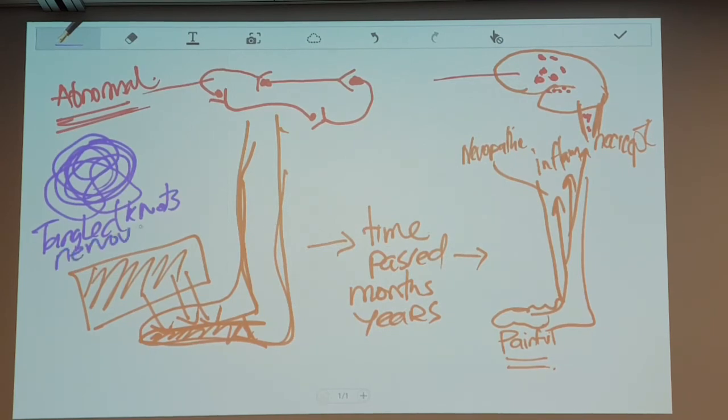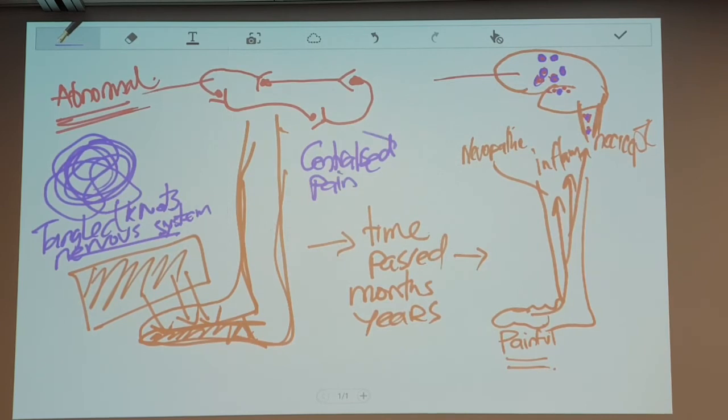They're not meant to be there. Okay, and once these little tangles in your nervous system are active, you now have centralized pain.